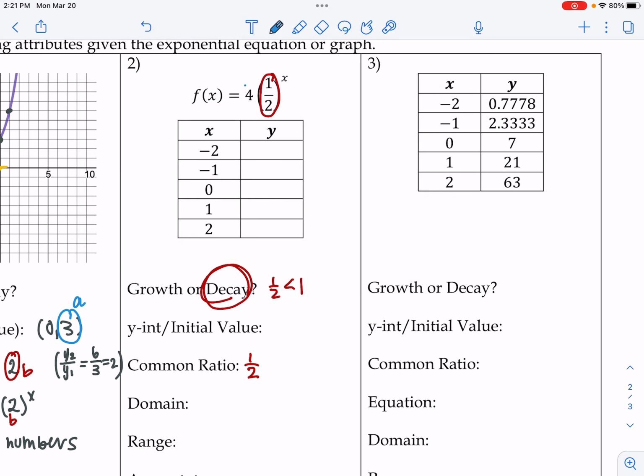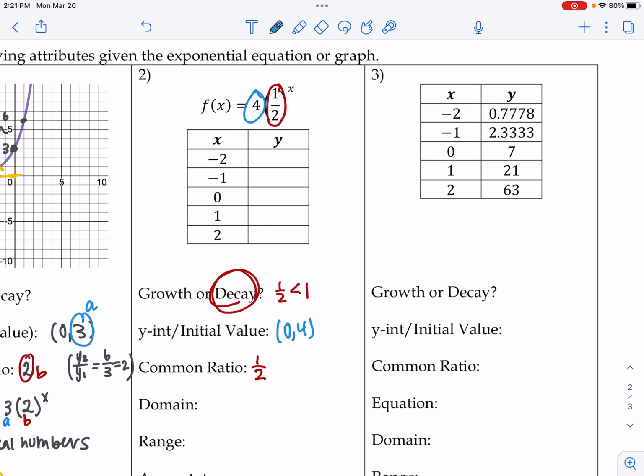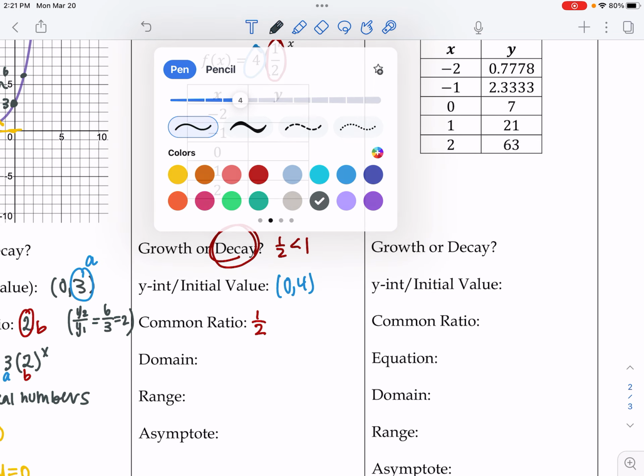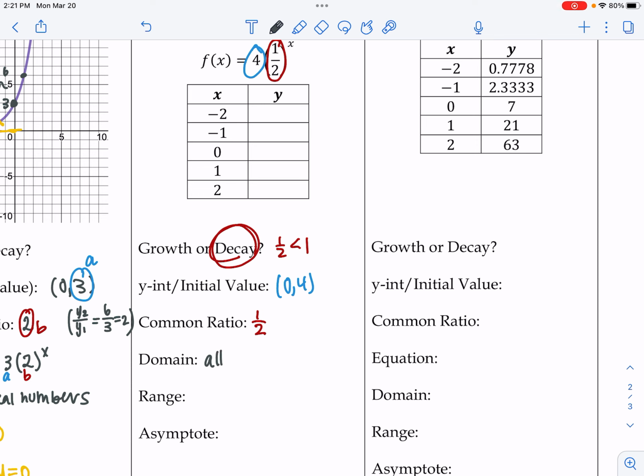This 4 is our a value, so that's our y-intercept. You can say 0, 4, or if they're calling it initial value, you can just say 4. And then our domain is all real numbers.